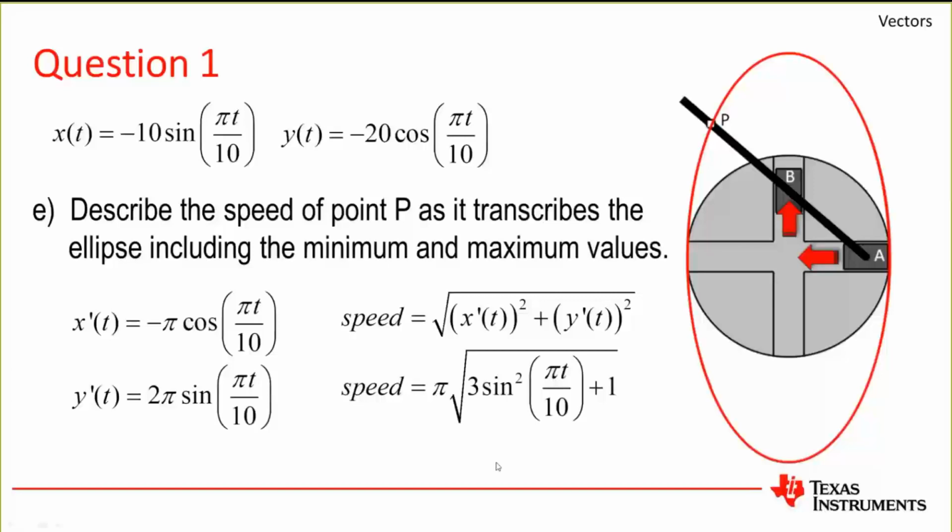So minimum speed is pi and maximum speed is 2 pi for the motion of P. The trick with this, again, is that you need to know a little bit of mathematics before you can even enter it on the calculator, because you'd need to know where those maximum speeds occur rather than trying to use a solve.